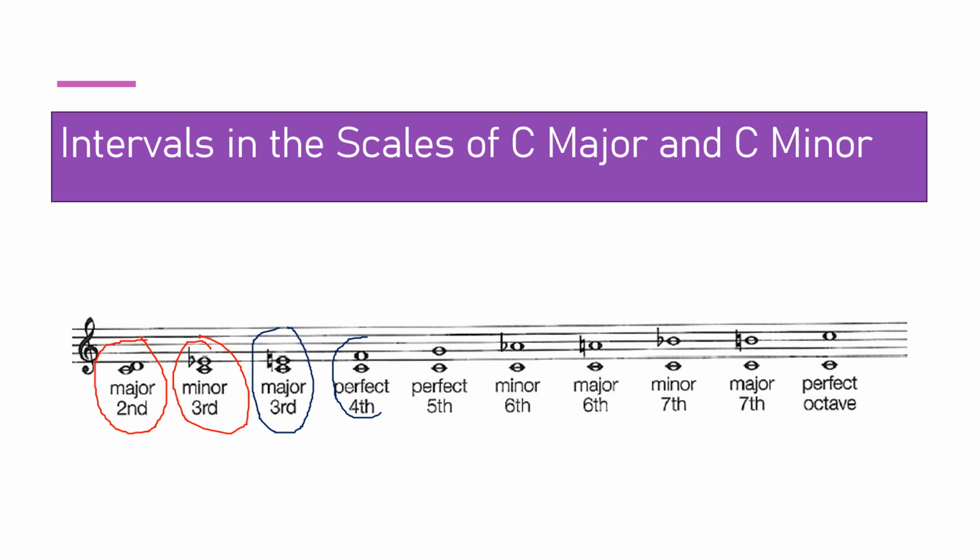Perfect fourth for both major scale and minor scale. Perfect fifth for both major scale and minor scale. Now when you come to the sixth degree, it's a minor sixth, right? It's a minor sixth for harmonic minor. So this is harmonic minor. Remember, in the scale of C minor, you have E flat as the relative major, so all the flats in E flat will appear in C minor. And that's why you have this A flat here.